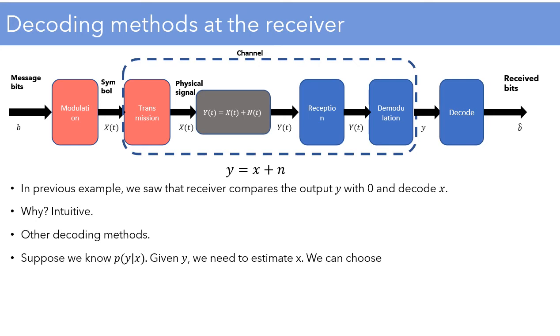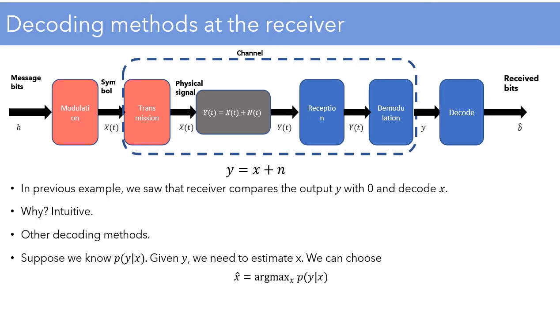We just know what values y can take and with what probabilities. So given that information, now if I know y, how do I estimate x? We can choose an x which maximizes p(y given x). See, p(y given x) is the likelihood of y given an x, and once you receive some y, you try to see which of the x has the highest probability that this y would have been received.